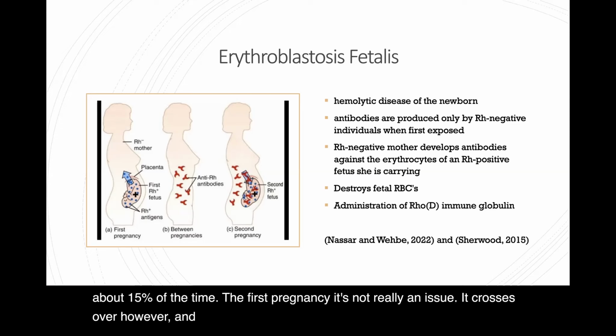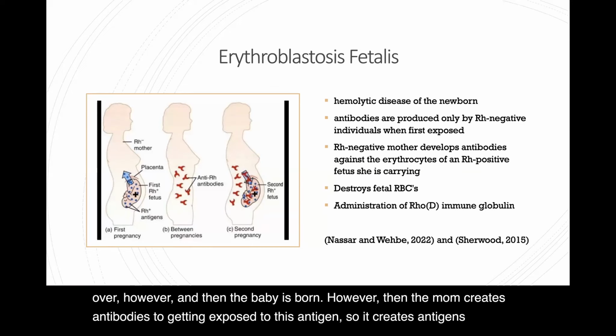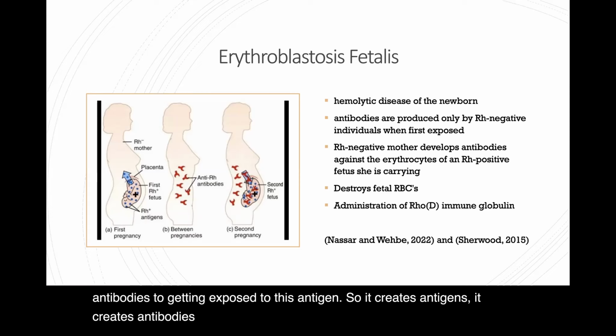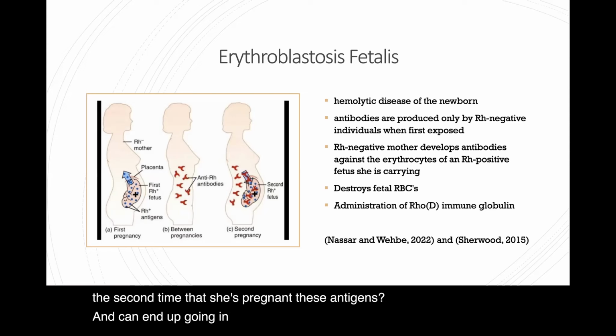However, then the mom creates antibodies to getting exposed to this antigen. So it creates antibodies against this Rh positive antigen. Then what happens is the second time that she's pregnant, these antibodies can end up going in and actually attacking the fetus.